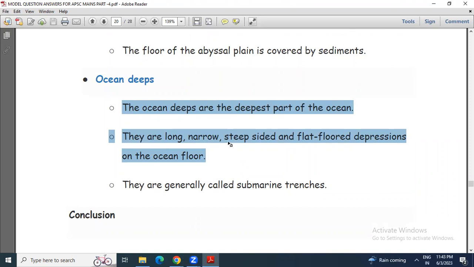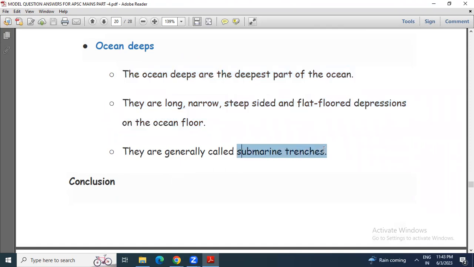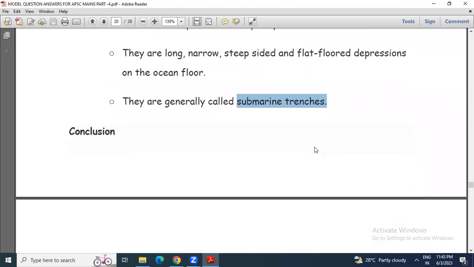They are long, narrow, steep-sided, and flat-floored depressions on the ocean floor, and they are also called submarine trenches. So ocean deeps are sometimes also known as submarine trenches.